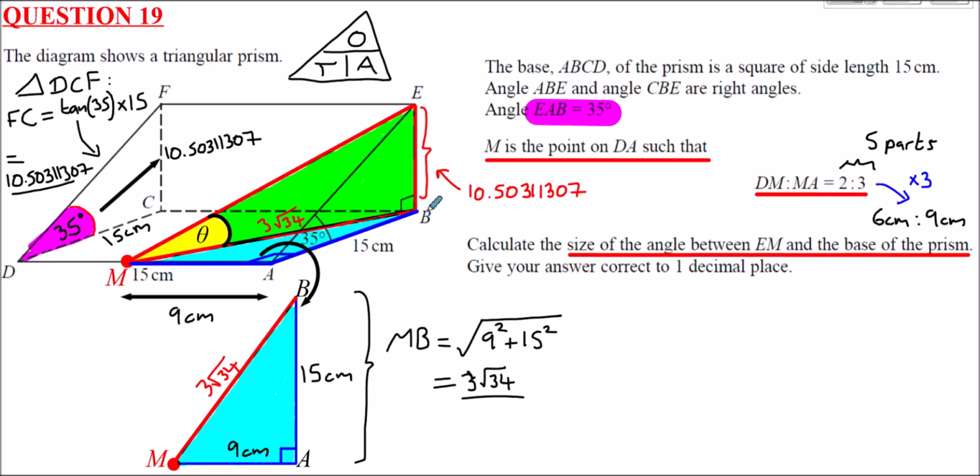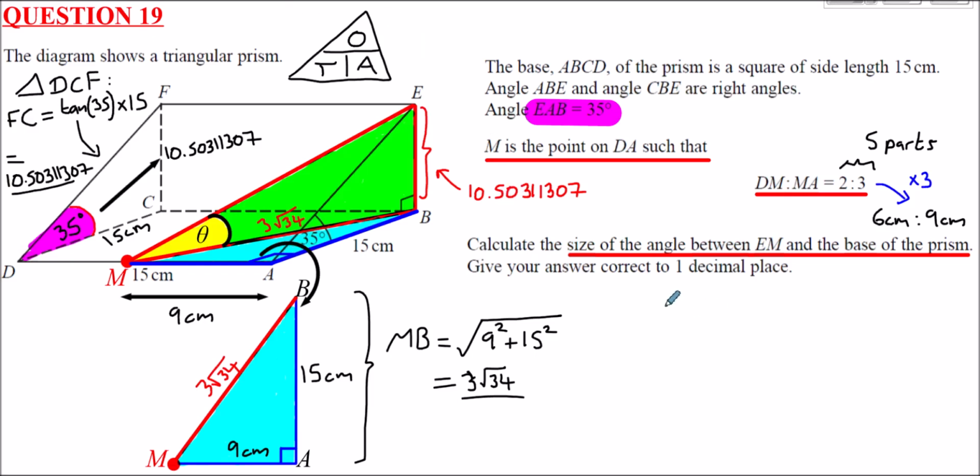Now considering the triangle EMB, we now know two sides. We know the adjacent side, which is 3 root 34, which we worked out earlier, that's MB, and we know EB is 10.50 and so on.